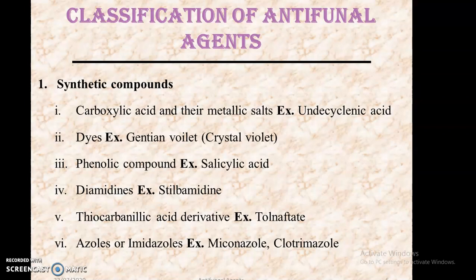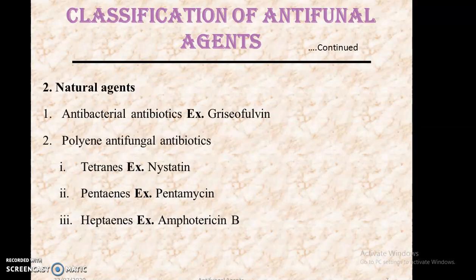Third subclass is phenolic compounds, example salicylic acid. Fourth subclass is amides, example stilmadine. Next is thiocarbonylic acid derivative, example tolnaftate. Then azole and imidazole derivatives, examples miconazole and cotrimoxazole.